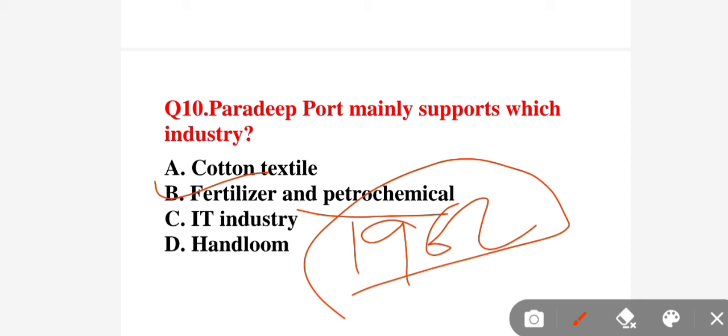It is situated in Jagatsinghpur district, and it is a cargo hub of coal, petroleum, oil and lubricants. It provides a vital link for industries in central and eastern India.